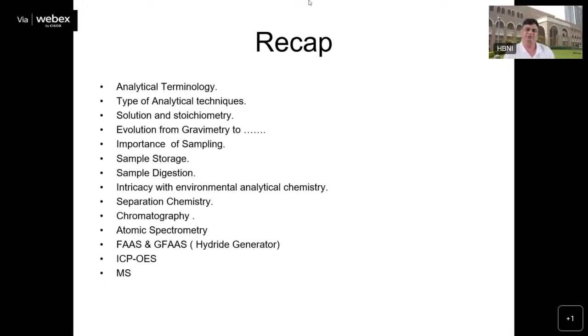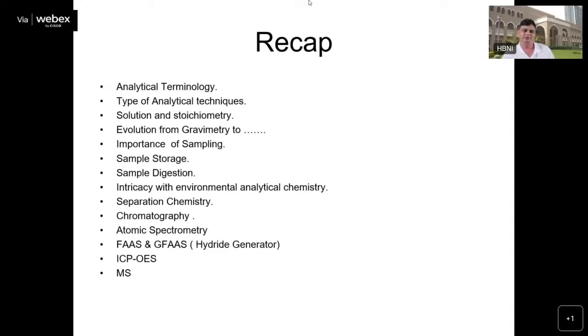Then sample digestion. See, sample digestion is again one of the crucial steps. During sample digestion, it is the responsibility of the analyst to see that he has completely taken the analyte out of the matrix. And for that, we have discussed the various procedures, and it depends on what kind of instrumentation and what technique you are going to use. So depending on the instrumentation and technique, the extraction of the analyte from the matrix differs.